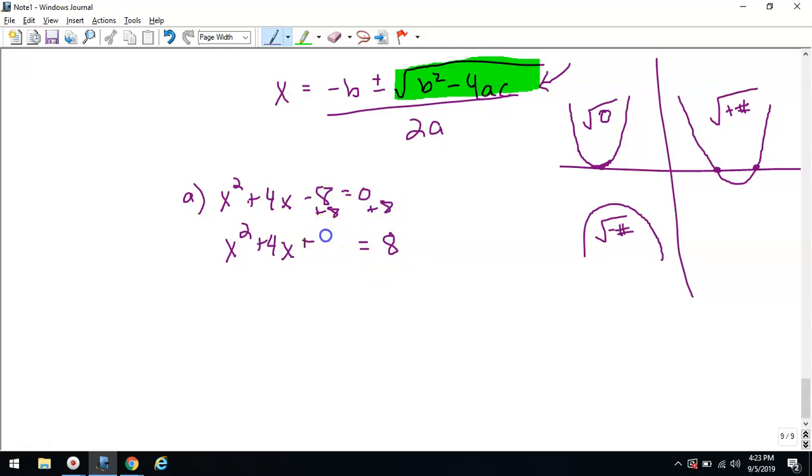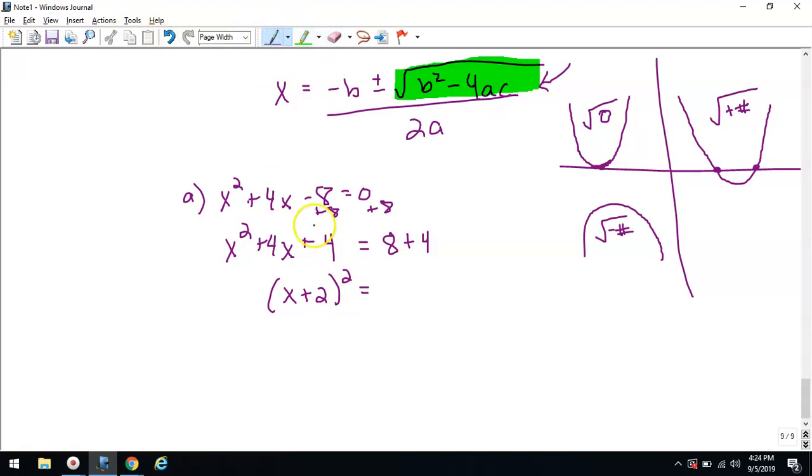Half of 4 is 2, 2 squared is 4. If we factor that, we get x plus 2 squared equals 8 plus 4, because what we do to one side, we have to do to the other. So instead of 8, that's going to be 12.